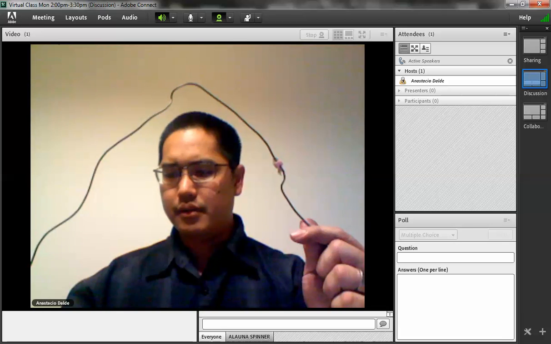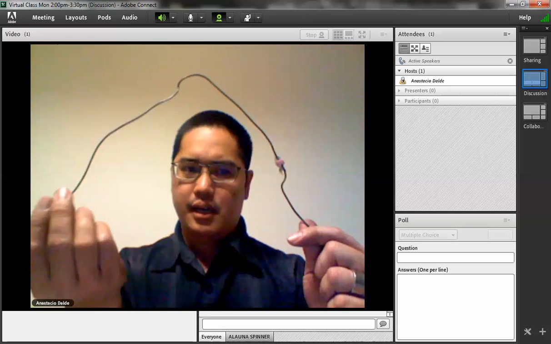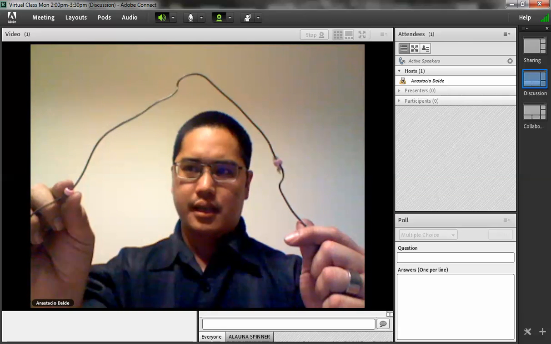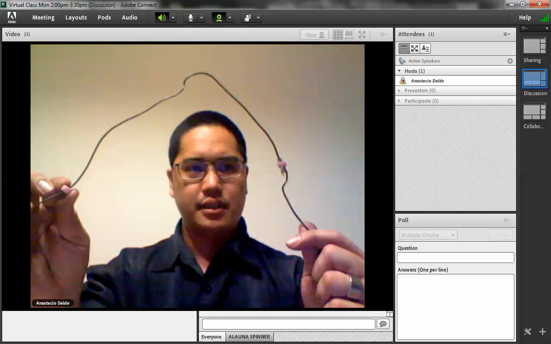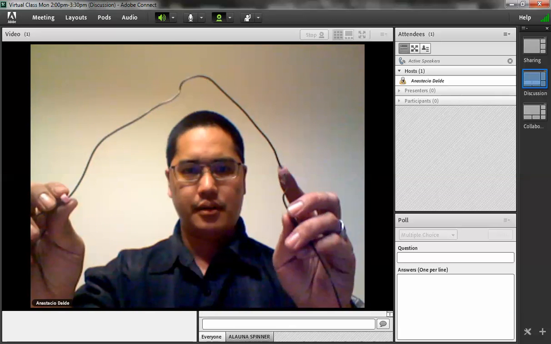So what I could do is I can just get another bead, and now I have 2 points. And I can find the slope between this point and this point right here.